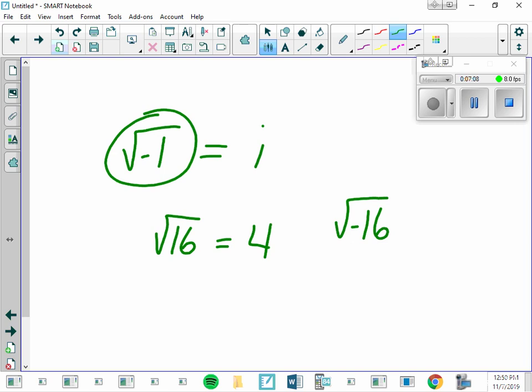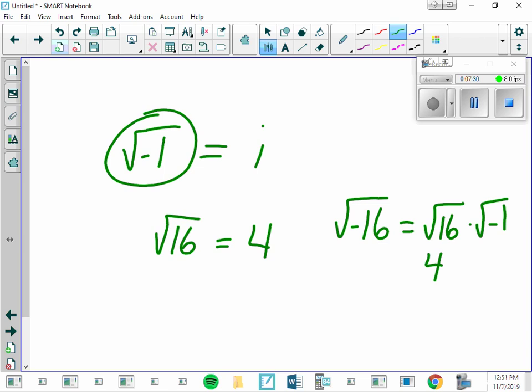Well, I'm going to split this, so watch carefully because this is kind of confusing. I'm going to split this into two numbers, the square root of 16 and the square root of -1. That's legal. What is the square root of 16? 4.